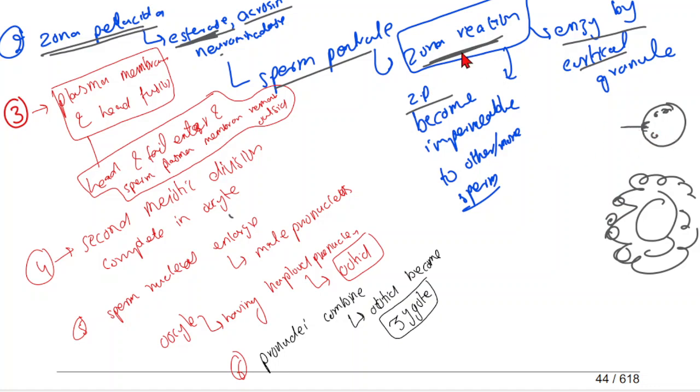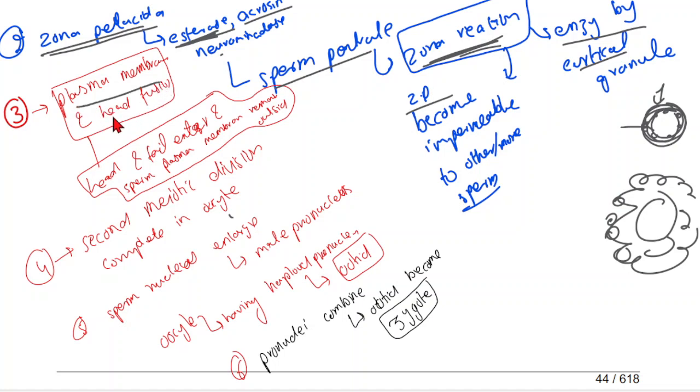The cortical granules around it release their contents and close the zona pellucida layer. After that, no other sperm will enter through the zona pellucida once the first sperm has entered.